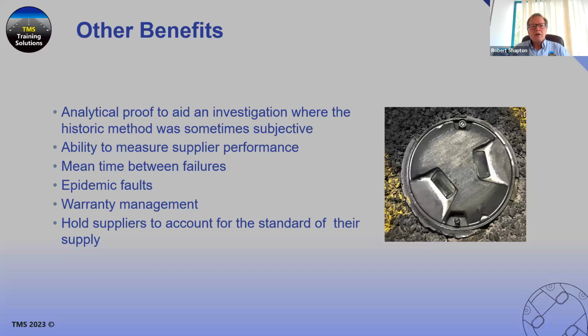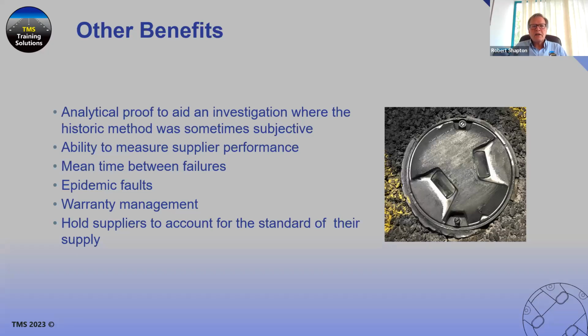Identifying epidemic faults with electronics. Electronic components can be subject to what is termed epidemic faults, when a particular component reaches the end of its life and you will see multiple failures.